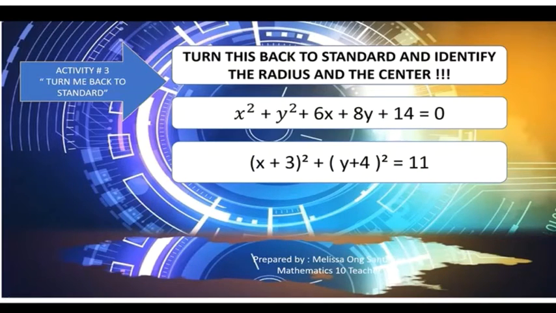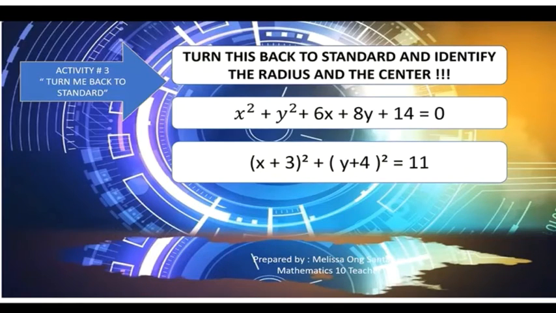By getting the square root of the numbers that you have put on there, the square root of x squared will give you x, the square root of 9 will give you 3, and for the y squared, the square root of y squared is y, the square root of 16 is 4, and your radius squared is 11. So you already have your standard equation form of your circle.